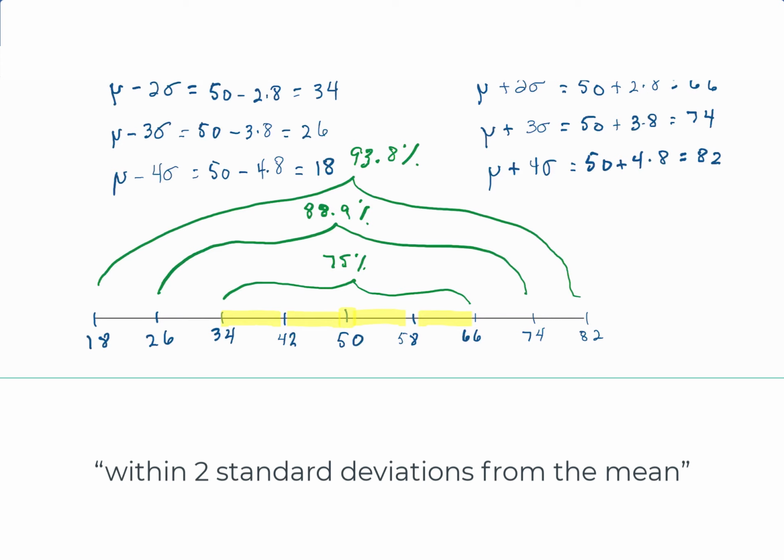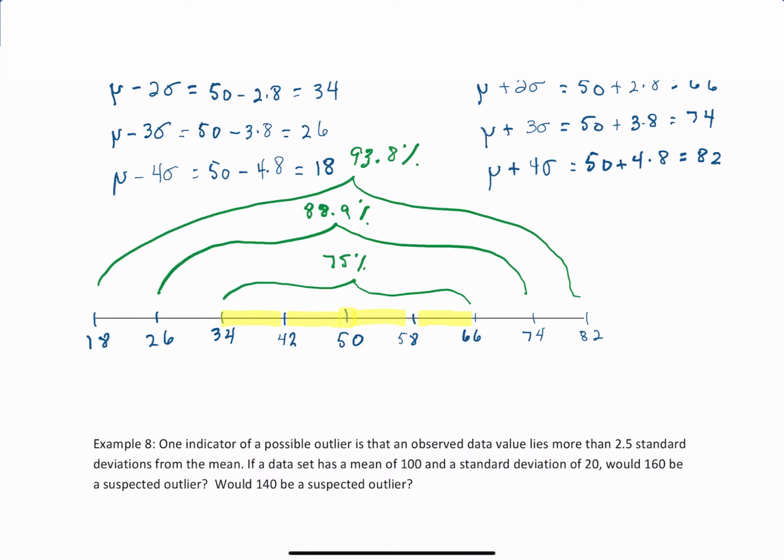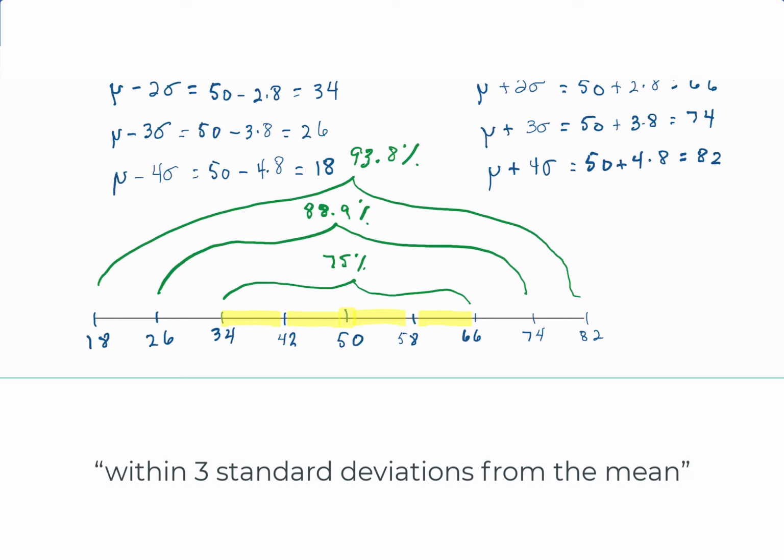That's what's meant by being within 2 standard deviations of the mean. The interval from 26 to 74 is said to be within 3 standard deviations of the mean, because you don't go further than 1, 2, 3 standard deviations away from the mean in either direction. So that's where that terminology comes from.